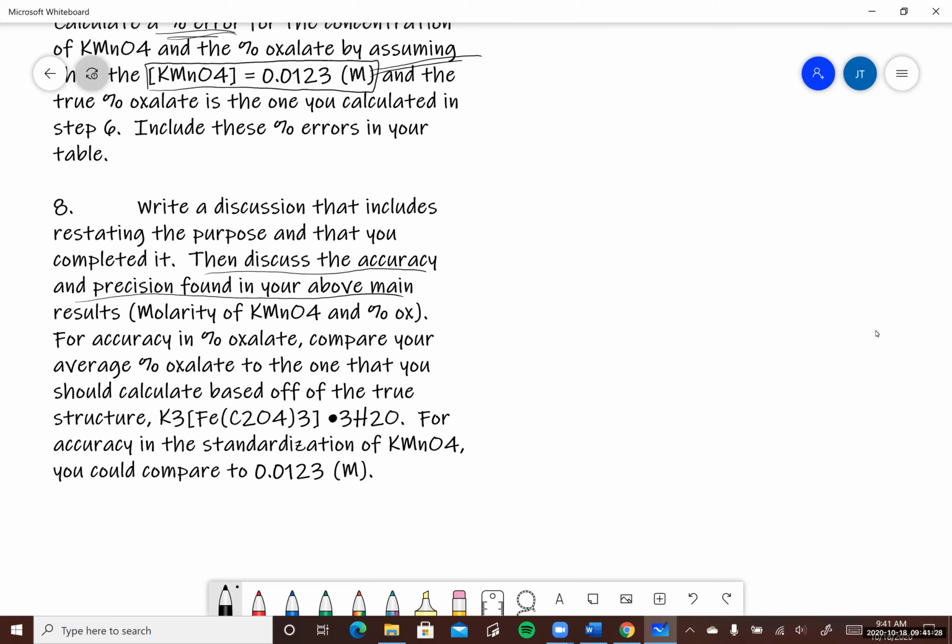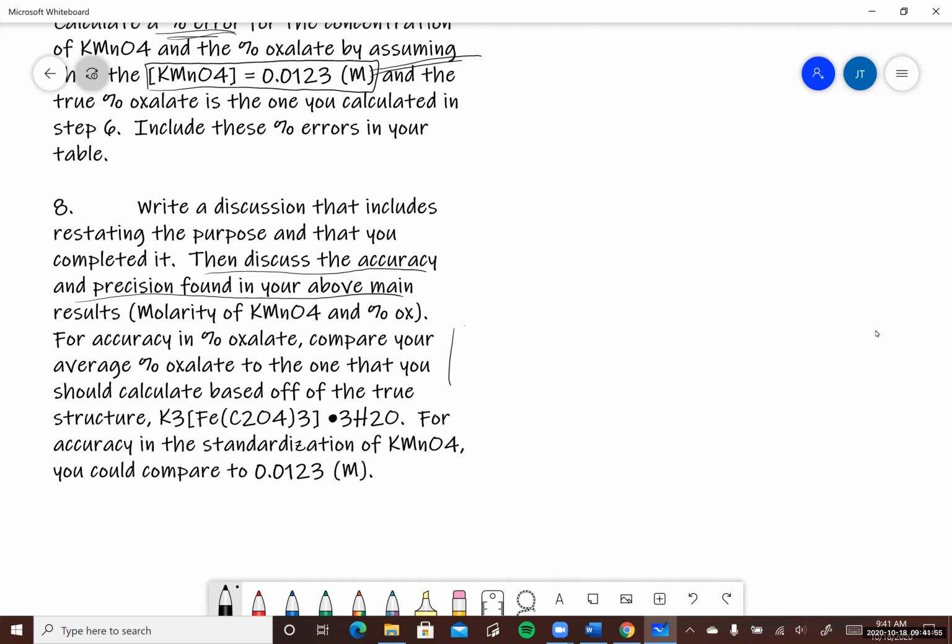So you're going to go back to that table and look at those values for error in the calculation of not only the molarity of KMnO4, but also the percent oxalate that you calculated to be present in those green crystal samples.